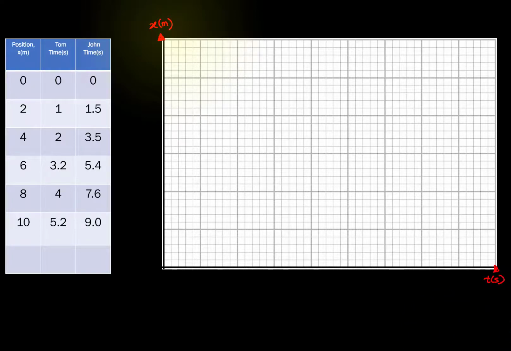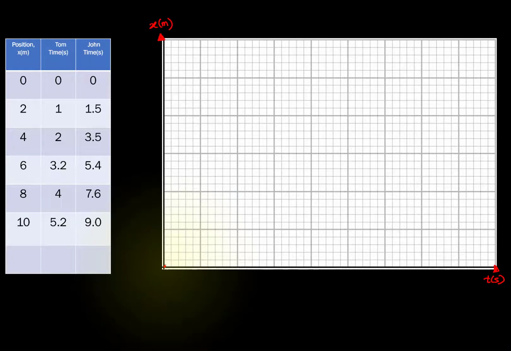Now I had taken the liberty to write down the positions and the time covered by Tom and John prior to this video. So let's plot how the position of Tom varies with time. At t equal to 0, x is equal to 0. So Tommy is initially at the origin.